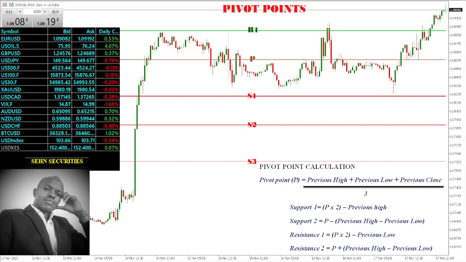Then you can also see that the first resistance is gotten by multiplying the pivot point by 2, and then whatever product you get, you subtract the previous low from that, and so forth and so on.